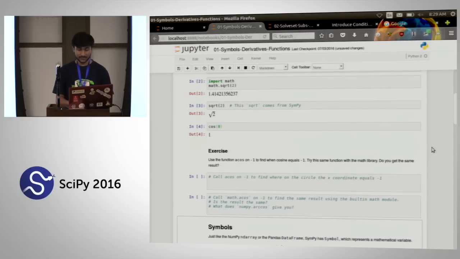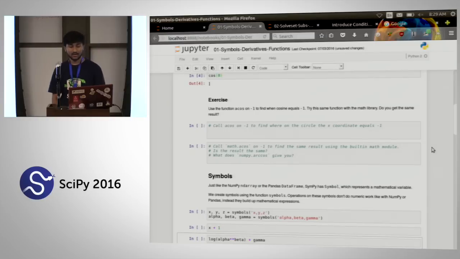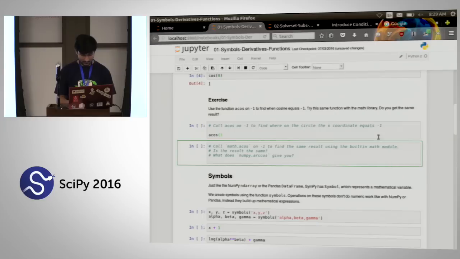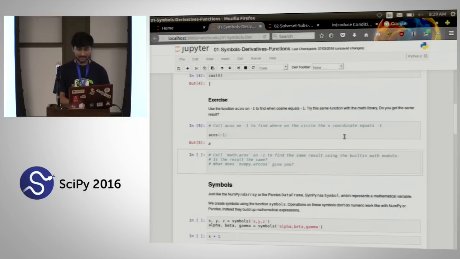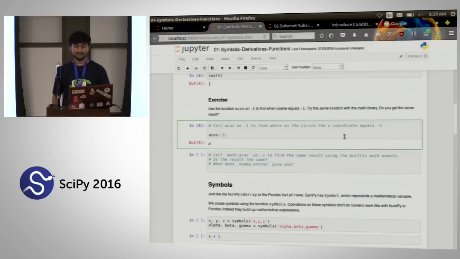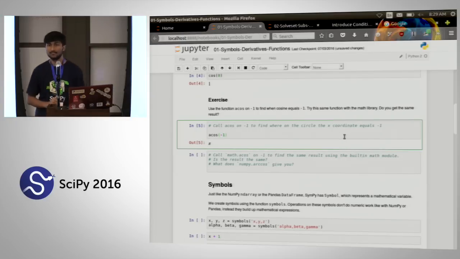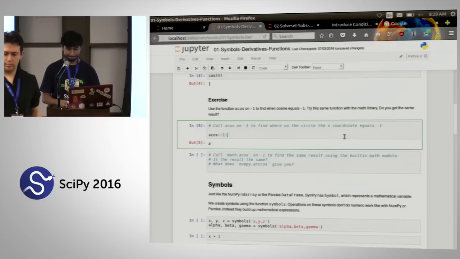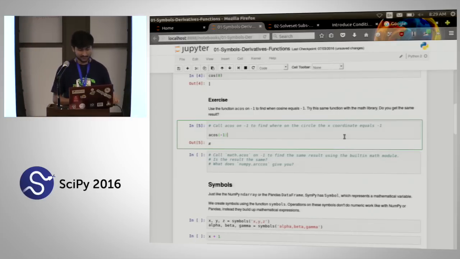So here is a small exercise for you: use the function acos and find the acos of -1. All right. This gives you pi. Okay, so this gives you pi actually.